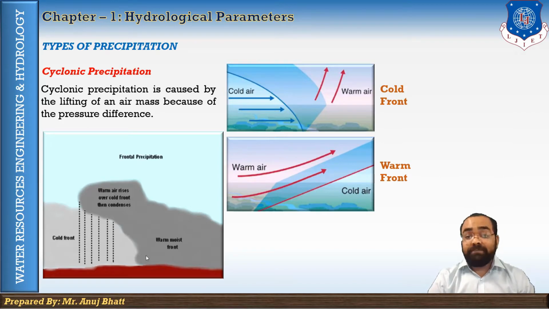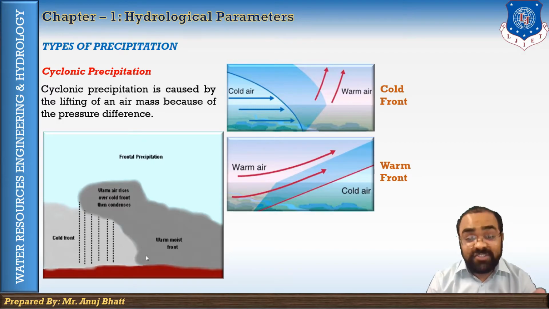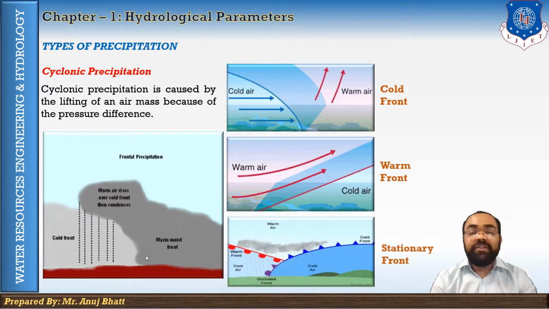On the other hand, when both air masses, cold and warm, are drawn simultaneously towards the low pressure area, the front developed is stationary, and that particular frontal surface is known as the stationary front.